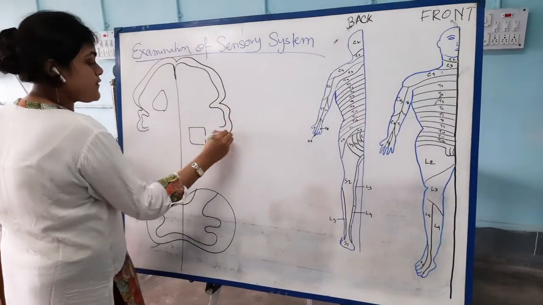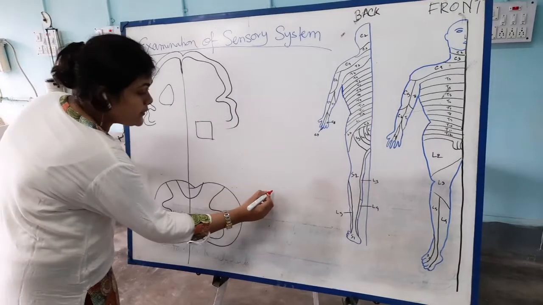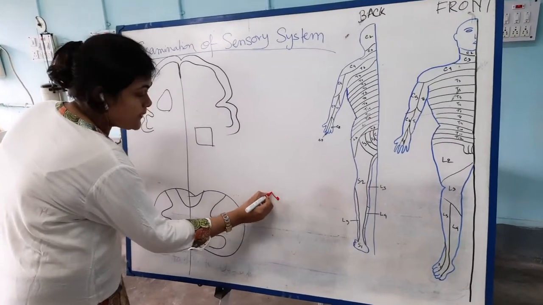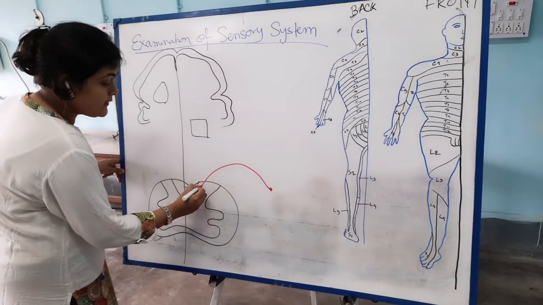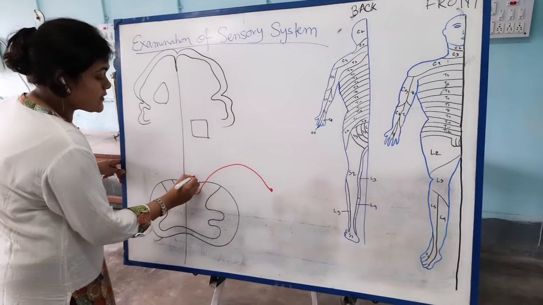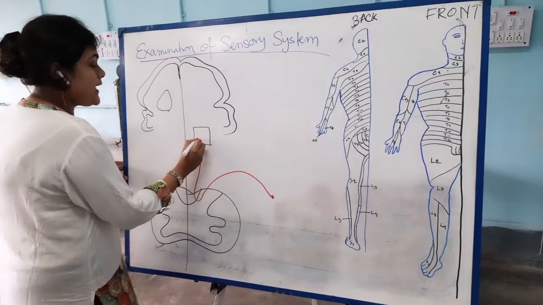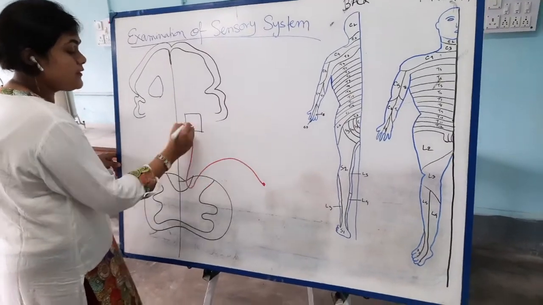So in case of DCP, the first order neuron carries information from receptor, enters the spinal cord via posterior root, ascends via dorsal column or posterior column and terminates in the brainstem. So here the first order neuron terminates.